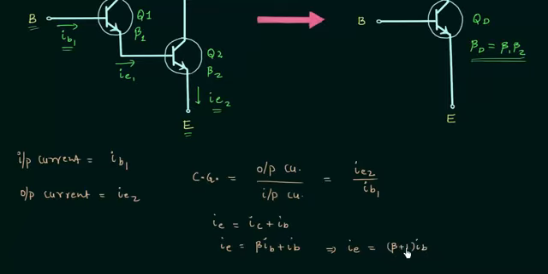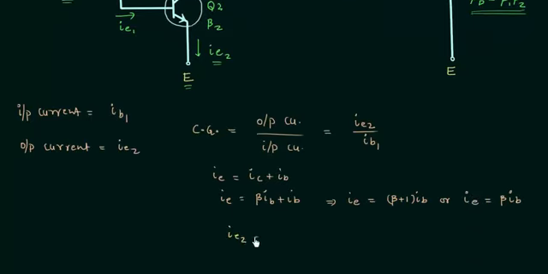Beta is a large quantity, so beta plus 1 we can write as beta. So IE is equal to beta IB. For the second transistor, IE becomes IE2, beta is beta 2, and IB is IB2. Now in place of IE2 we can write beta 2 IB2, so we have beta 2 IB2 in the numerator divided by IB1.